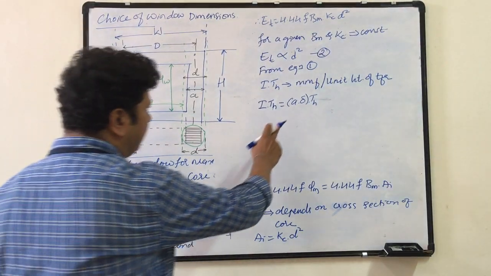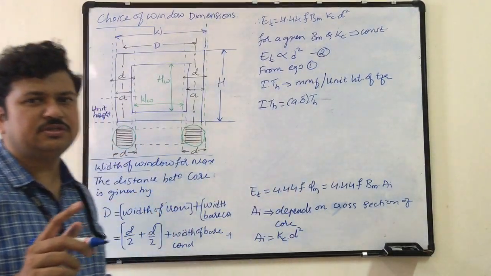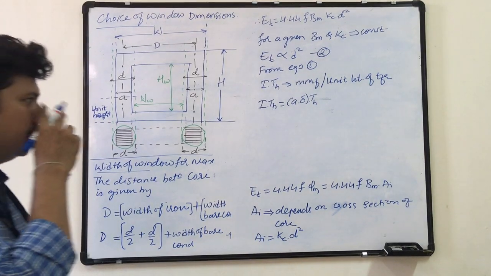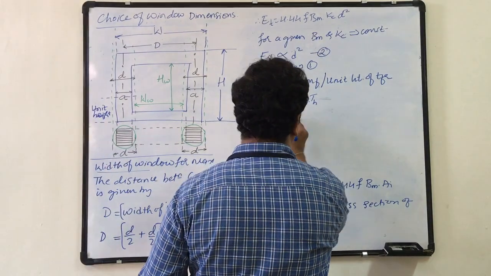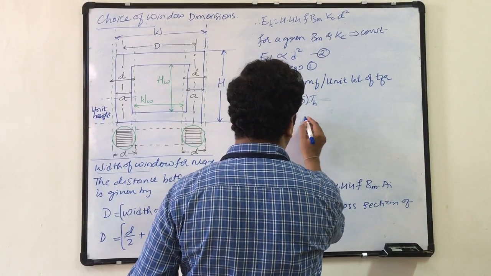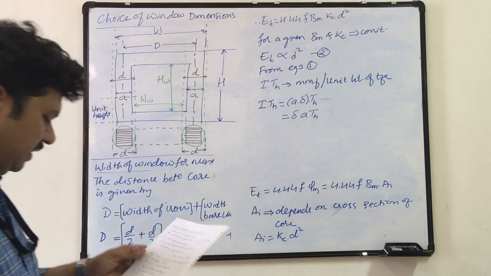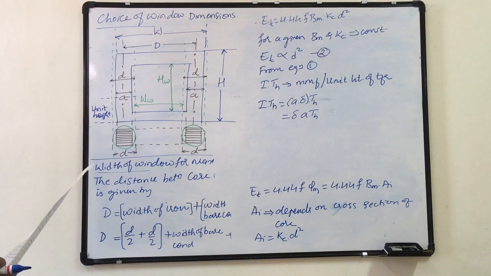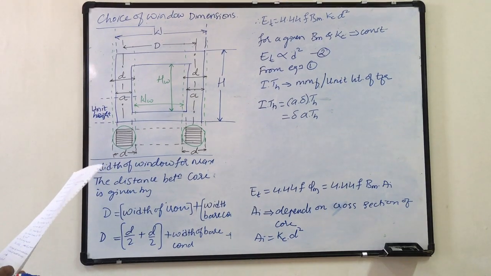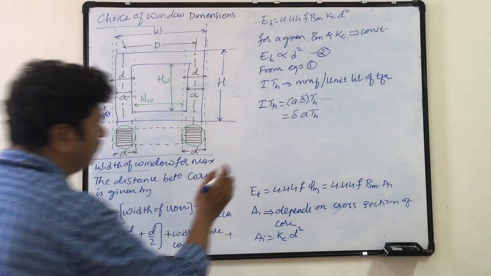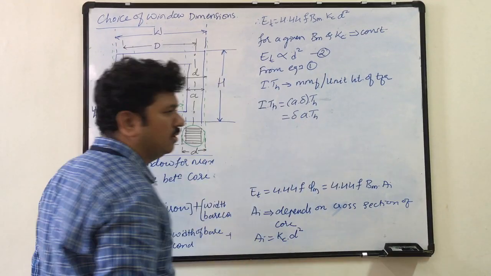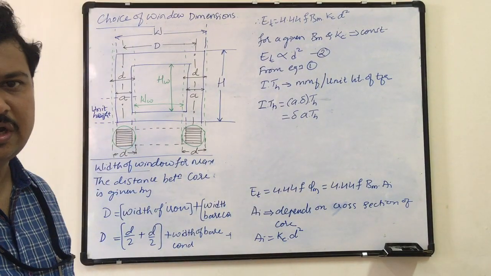So what is A? A is the area of cross section of one conductor, that is each conductor. Or I will write this as delta A into Th. So what is A into Th? It is area of one conductor multiplied by total number of turns per unit height.